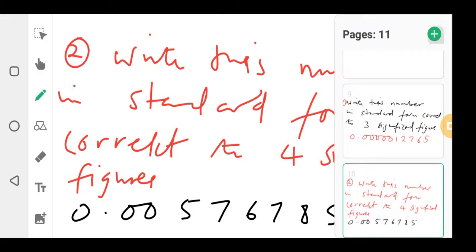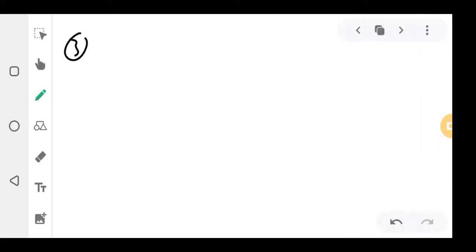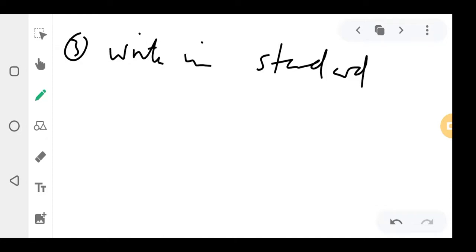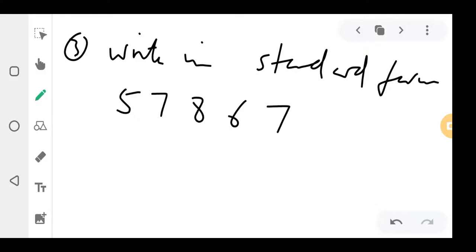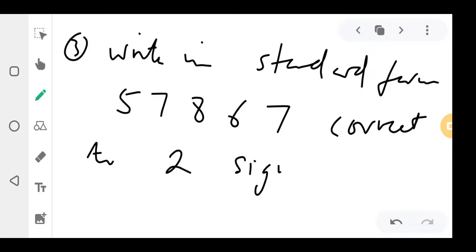Okay. Question 3. Write in standard form 57869, correct to 2 significant figures.